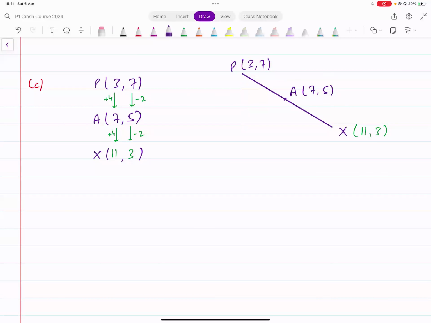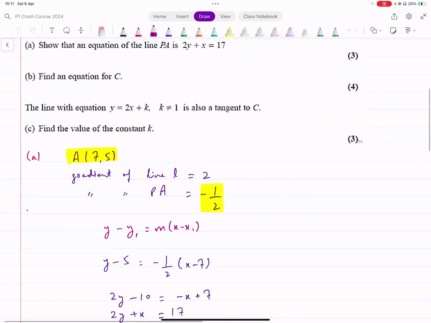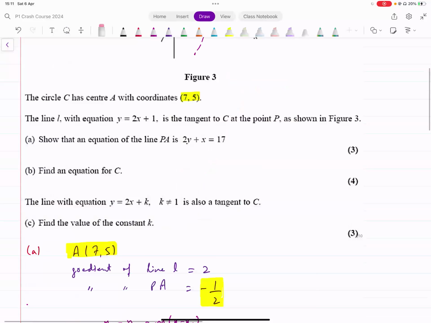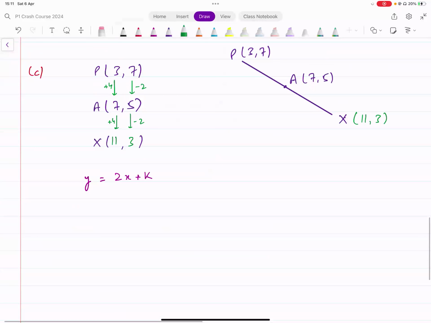And now that we know the coordinates of the point X, the tangent to X looks like this: y equals 2x plus k. X is a point that lies on this tangent, right? What we can do is input that point X in this equation because it has to satisfy the equation if it lies on the line.